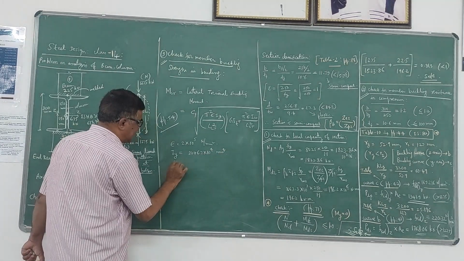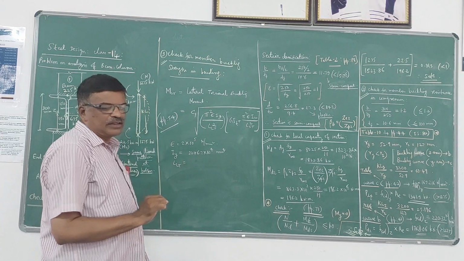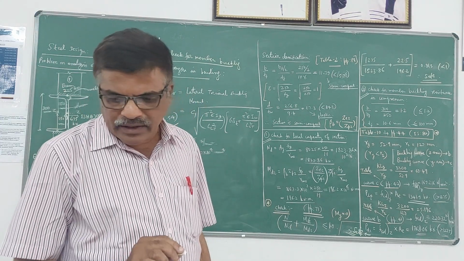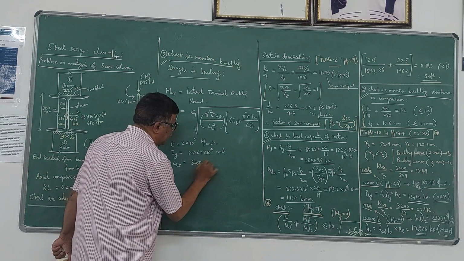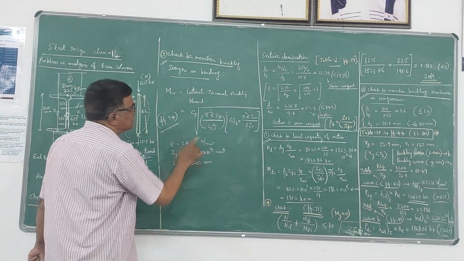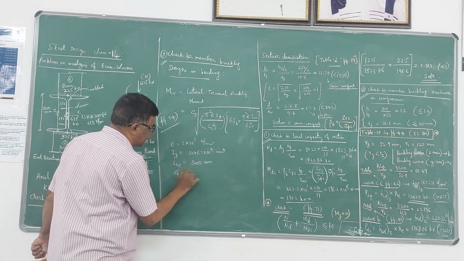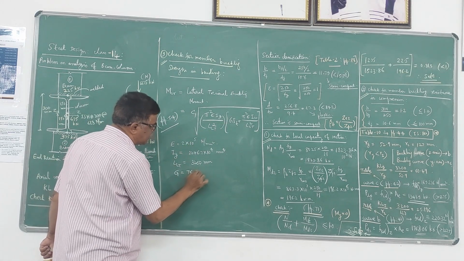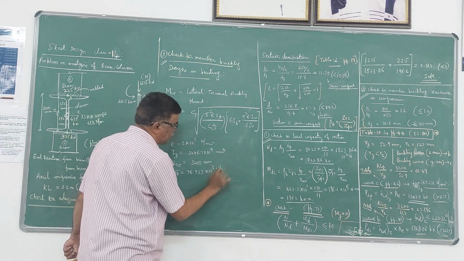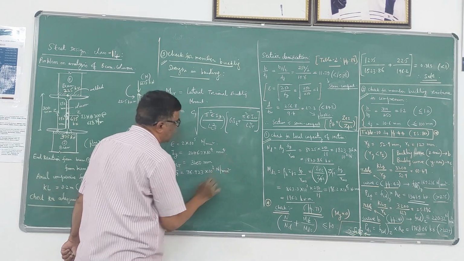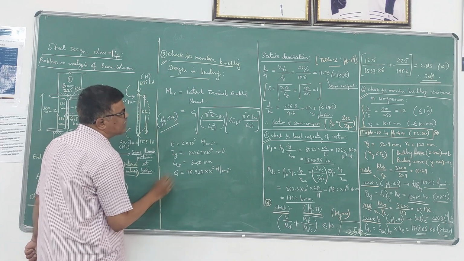Then LLT is nothing but the effective length of the column. It is 3200 mm. So please note that everything should be in newtons and millimeters. Then G value, of course, for steel you can take 76.93 into 10 power 3 Newton per millimeter square. Better you remember this value for steel, E and G values.